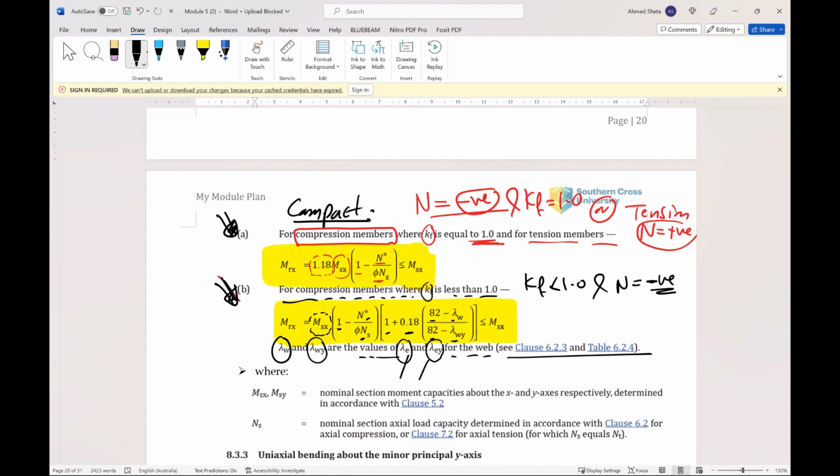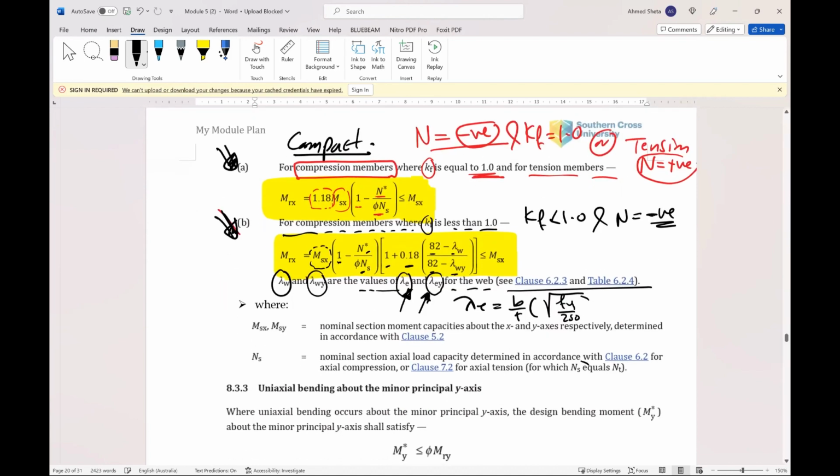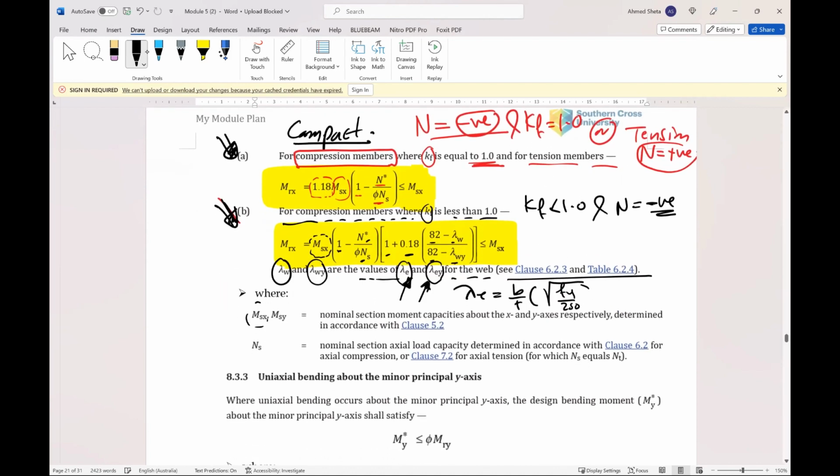This is what we calculated earlier: lambda e equals b over t times root fy over 250. Msx and Msy are nominal section moment capacities about the x-axis and y-axis respectively, where Msx equals fy Zex and Msy equals fy Zey.